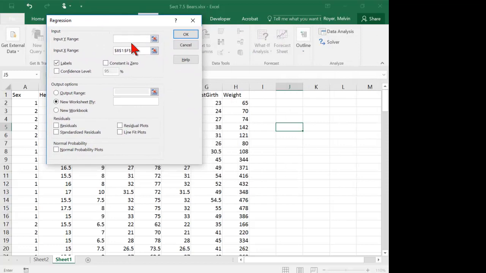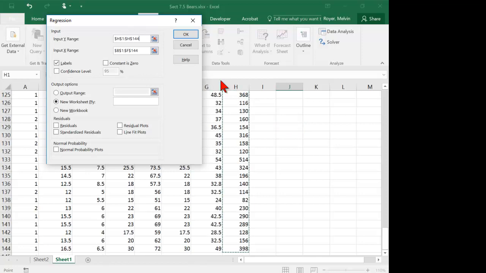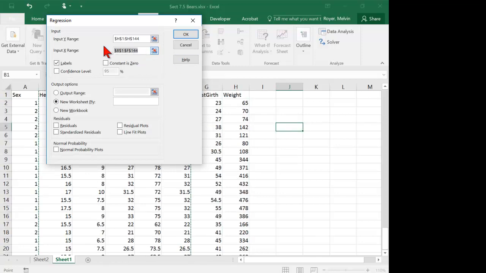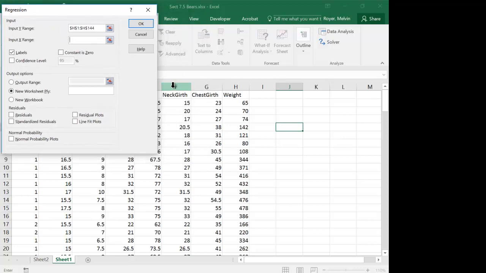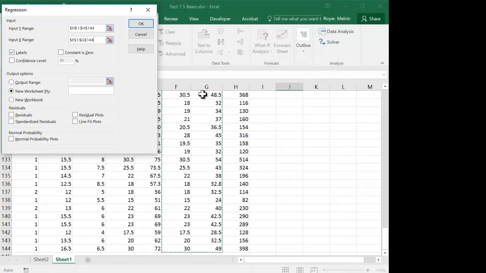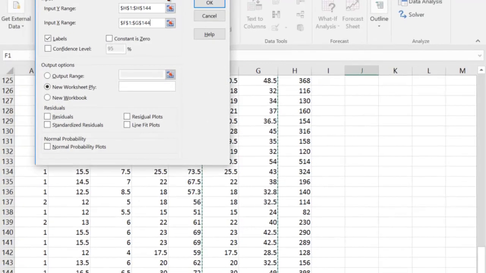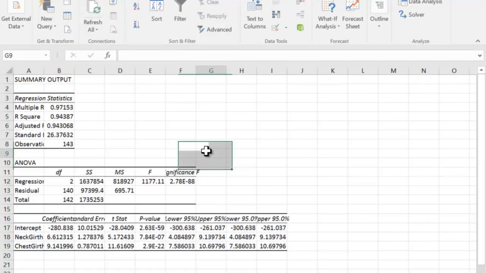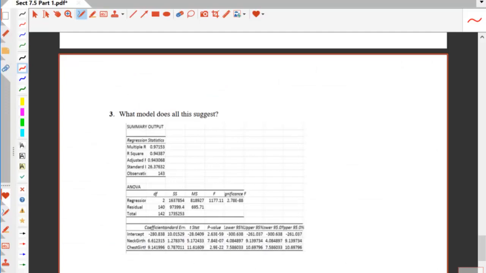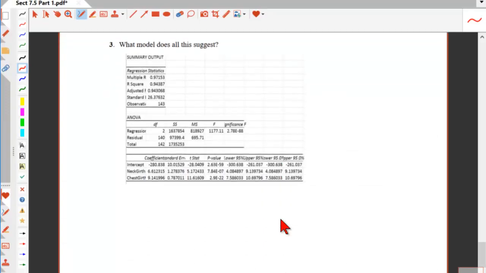And the Y range are the weights, which is now in column H. And the X range are the 2 girth columns. So like this. Keep our labels, put it in a new worksheet, click OK, get this screen, which I have copied into the notes here.